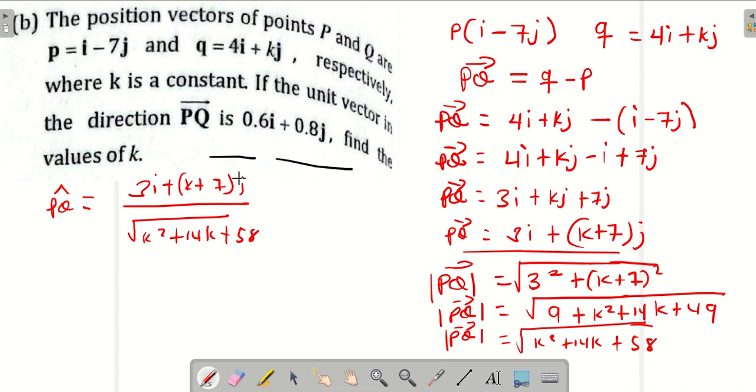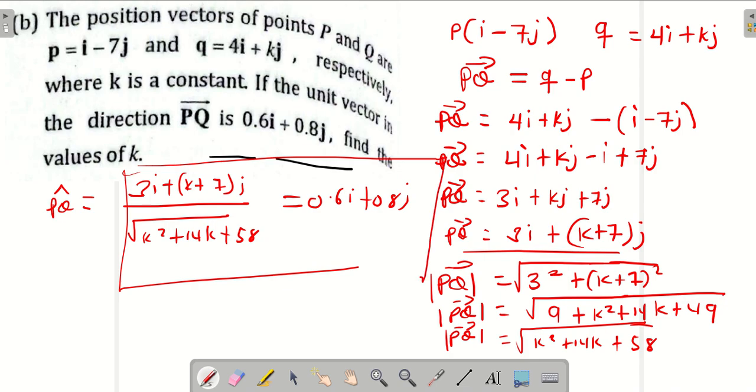And this unit vector is the same as what has been given, which is 0.6i plus 0.8j. Now, how to solve this equation is the problem. So it is your assignment, okay?